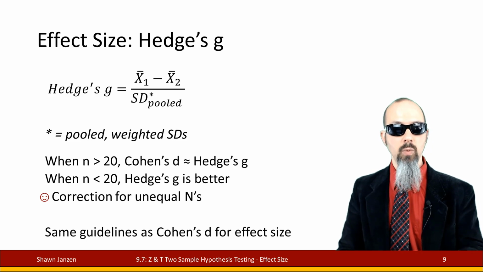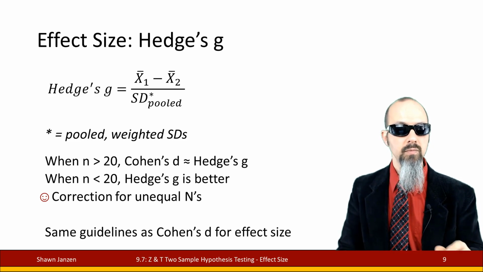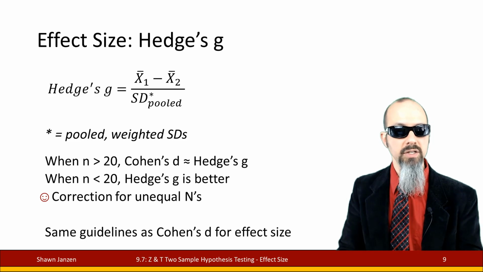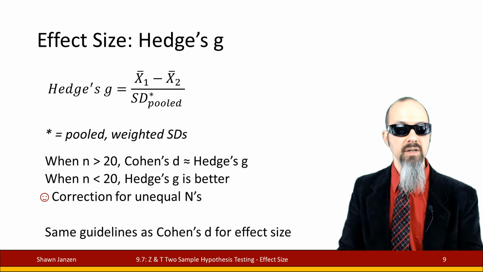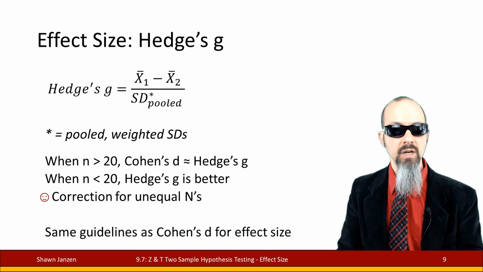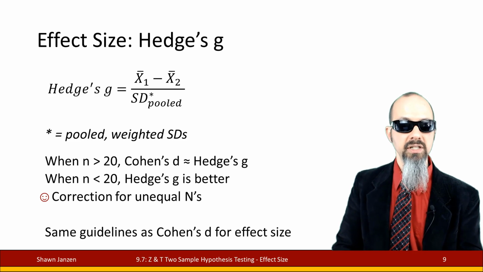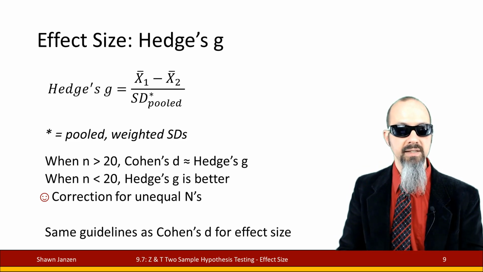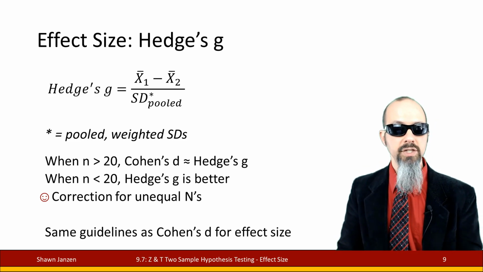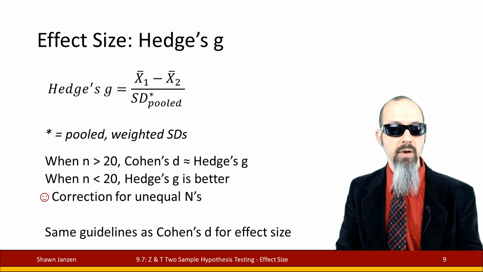So, the way you go ahead and get each of these, Cohen's D, use it for samples larger than 20, in which case it's equivalent to or better than Hedge's G. When your sample size is 20 or less, Hedge's G tends to be the better bet. And it has an ability to correct for unequal sample sizes in the ends as well. Go ahead and check out the function descriptions for Cohen's D to see if you have a feature in there for Hedge's G or not.